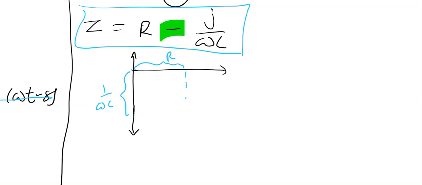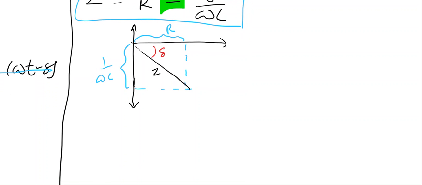Then this is the impedance Z, and here is the phase of the impedance. If I'm asked how much is Z, I can say that the magnitude of Z is the square root of R square plus 1 by omega C whole square.